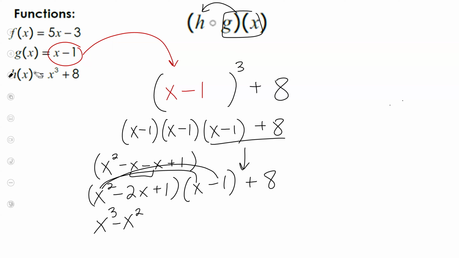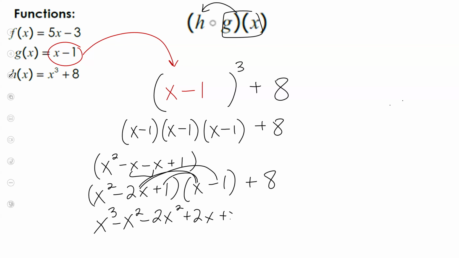Now let's do the next number. I'll erase this. Okay, next number. We're going to do -2x times x. That's -2x squared. -2x times a -1 is a +2x. Finally, 1 times x is x. 1 times -1 is -1.